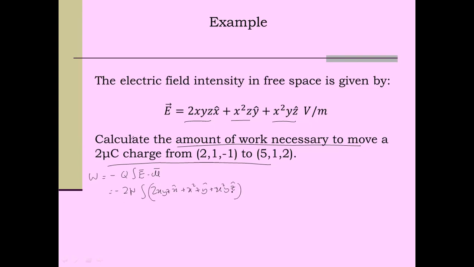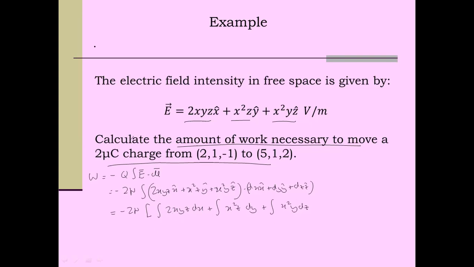And dl is further defined to be dx in the direction of x, plus dy in the direction of y, plus dz in the direction of z, because we are using the Cartesian system. So this can be further written as negative 2 micro, integration of 2xyz dx, plus integration of x squared z dy, plus integration of x squared y dz. Let us proceed with this integration one by one.